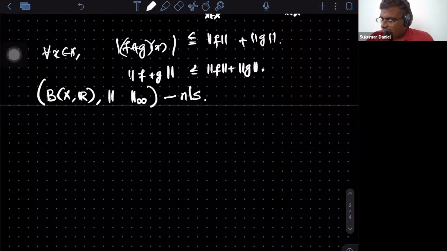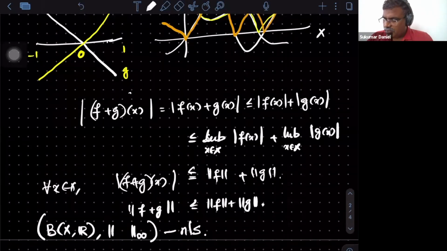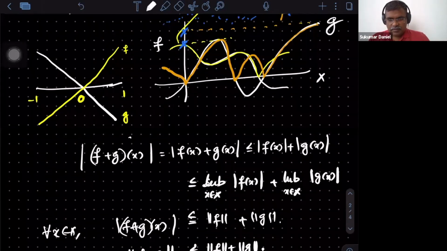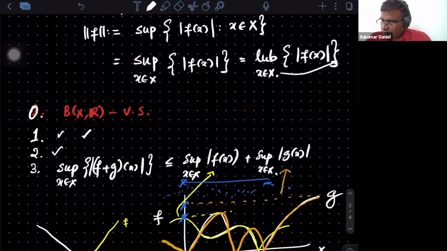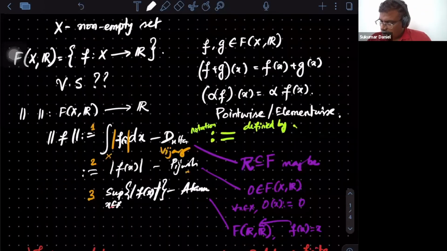So once we have this, now we can define plenty of other things. So the third one, we somehow could succeed in some sense to define a norm on B(X,R).